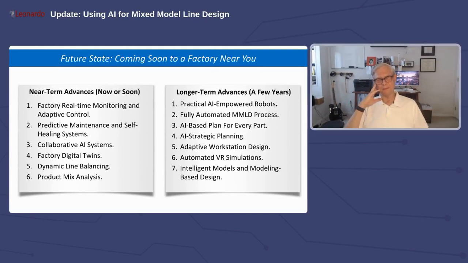Second thing, longer term, but one that I'm personally interested in, and I'm going to share a little bit more about this in just a minute, is the fully automated lean manufacturing design process. So we have a methodology, but right now with humans doing the work, gathering the data, doing the design, if it's a very small project, you could get it done in a few weeks, maybe.